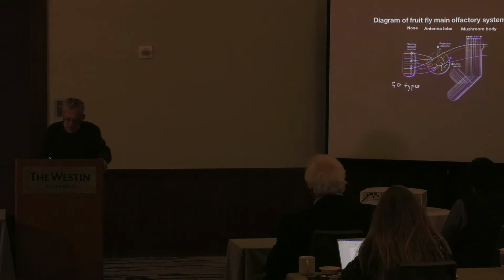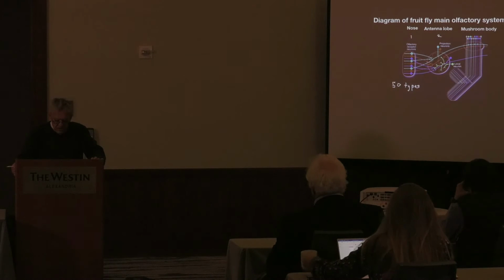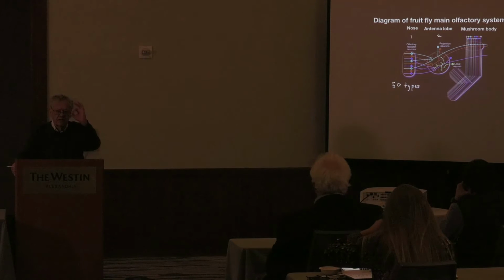When you get to the antennal lobe, which is the second step, the 50 types of olfactory neurons send information to 50 different glomeruli.